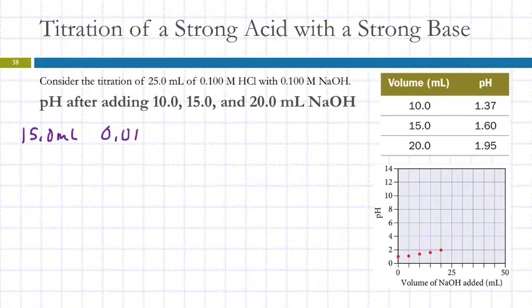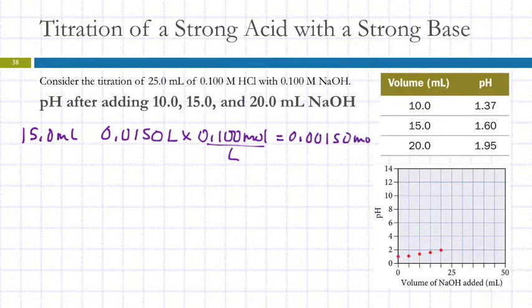So that's 0.0150 liters times the 0.1 moles per liter for the sodium hydroxide. So there's our moles of sodium hydroxide. So we've got hydroxide ion plus hydrogen ion. They're neutralizing each other and making water.